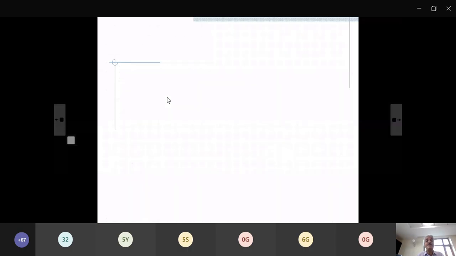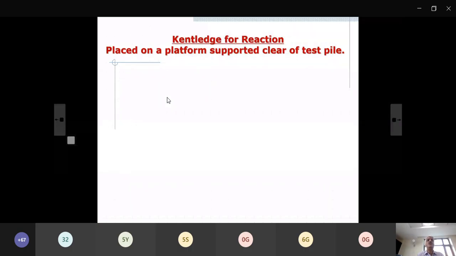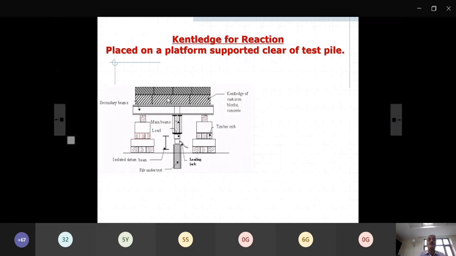And there are various methods of applying them. The most common is the cantilever for reaction. Here, this is your pile, this is your jack and load cell and all. So here you will put some stone blocks or cribs or something. Over that you will put a beam and you will make a platform like that.